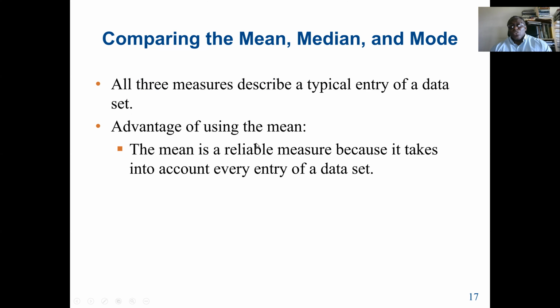Now, the advantage of using the mean: the mean is a reliable measure because it takes into account every entry of a data set. Again, the mean is very reliable because it uses all the data for its calculation.